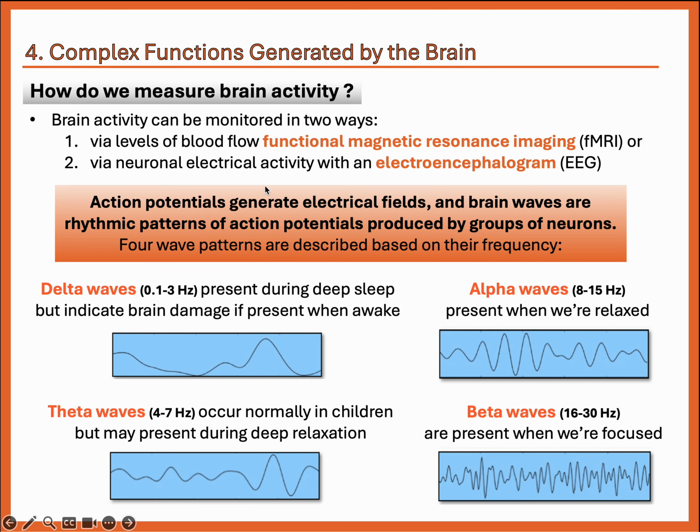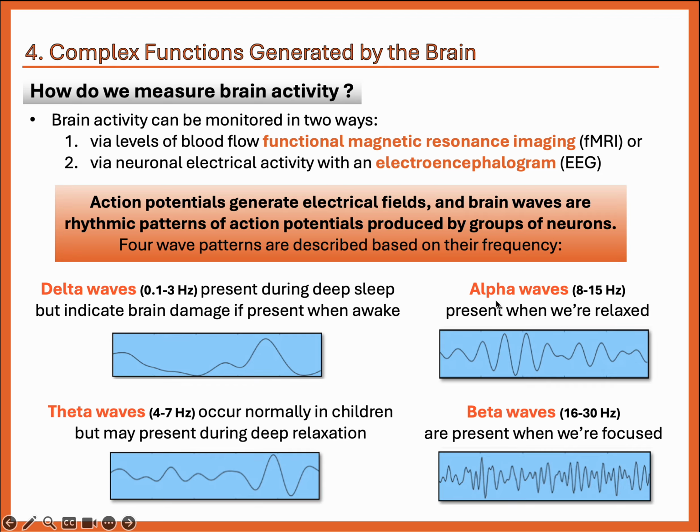Action potentials, we know, generate electrical fields, and brain waves are rhythmic patterns of action potentials produced by many neurons together in a certain region. And actually, there are four wave patterns that you could measure with an EEG.